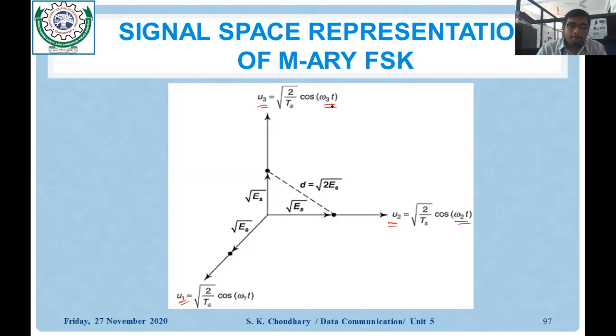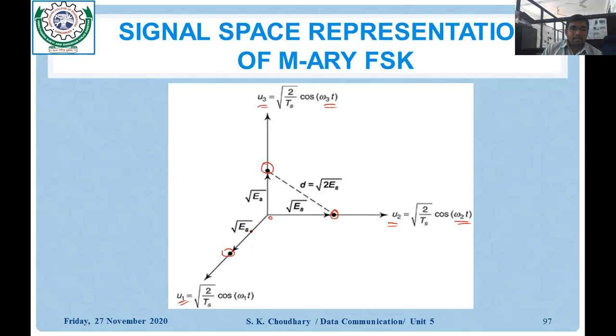Because multiple frequency components are available for the M-Array FSK, a 3-dimensional signal space diagram has been shown, and each signal point on this carrier axis would be separated from the origin by the amount of square root of ES.